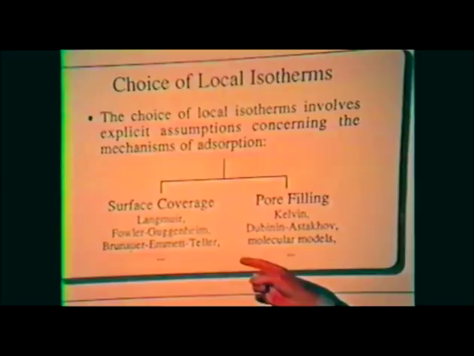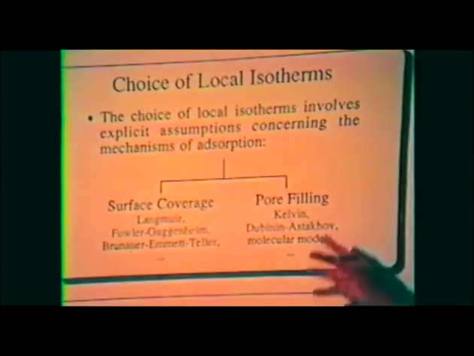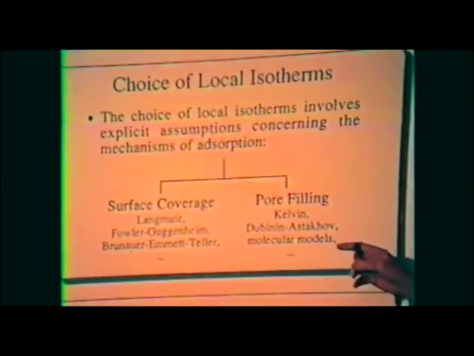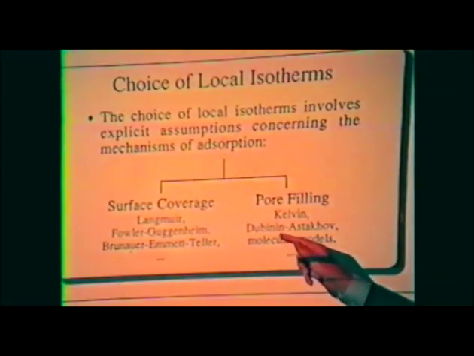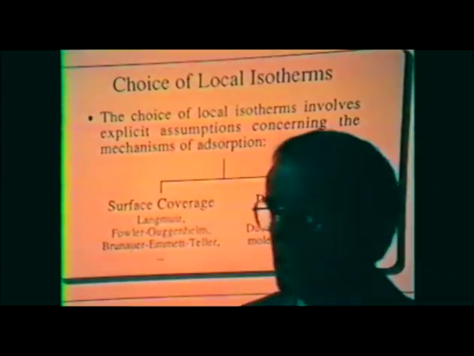If you wanted to take into account adsorbate interaction, you could use equations like the Fowler-Guggenheim equation. If pore filling was the dominant process, then you could use the Kelvin equation or versions of the Dubinin equation, which Roger talked about. And you can also use something which I'll come on to in a minute, which actually links, I think, with David Nicholson's talk, which follows mine. You can use molecular models of pore filling processes.